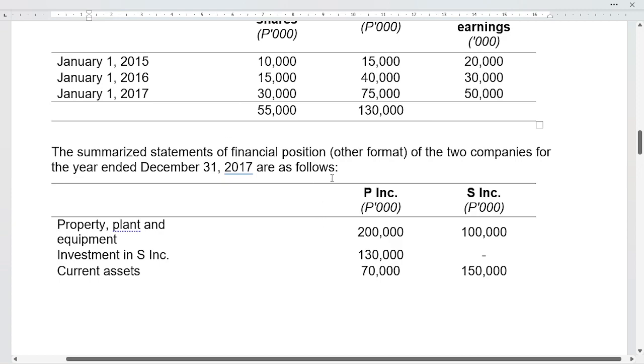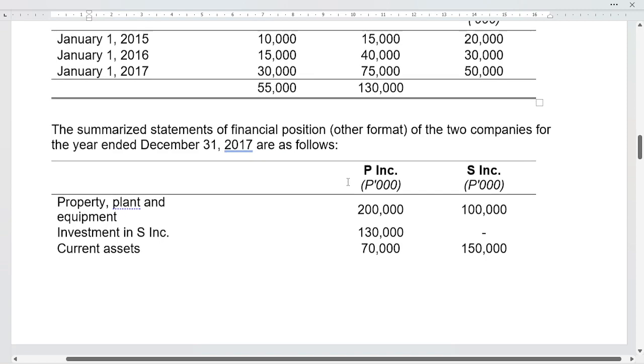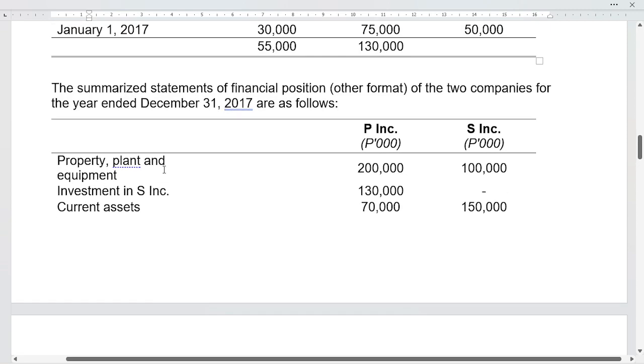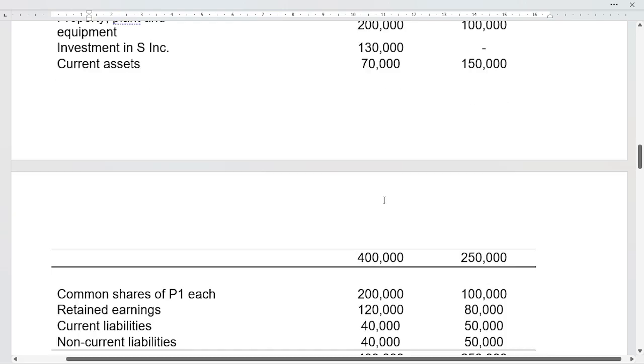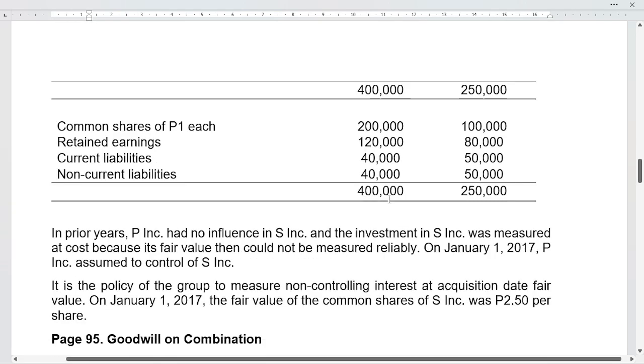The summarized statements of financial position of the two companies for the year ended December 31, 2017 are as follows. Property, plant, and equipment for P Incorporation is 200,000, while S is 100,000. Investment in S Incorporation is 130,000. The current assets of both are 70,000 and 150,000 respectively, with totals of 400,000 and 250,000.